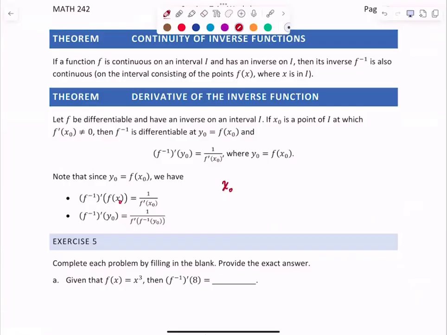X sub 0 gets mapped to y sub 0 under f. Okay. And y sub 0 is mapped to x sub 0 under f inverse. So f of x sub 0 is y sub 0. F inverse of y sub 0 is x sub 0.